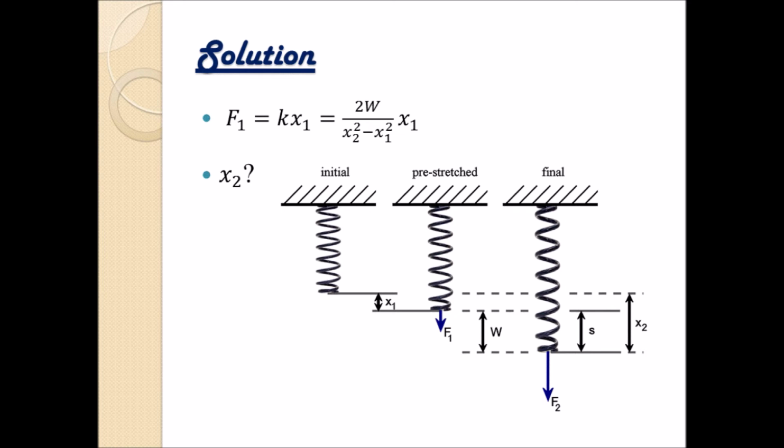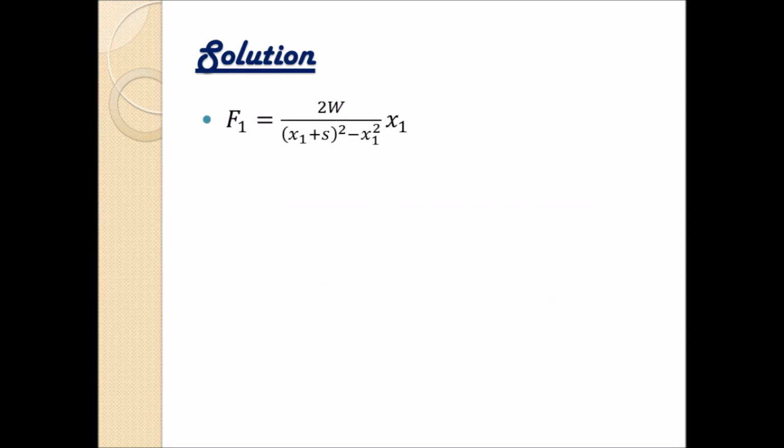So we can take this into consideration, and what we get is an equation that looks a bit complicated, but let's make it easier. In the first step, we take (x1 plus s) squared and rewrite it such that we have x1 squared plus s squared plus 2 times s times x1.